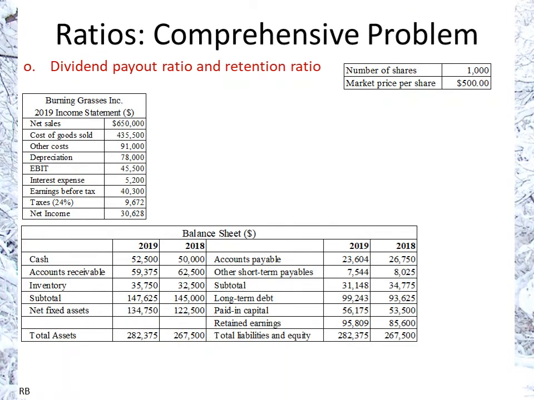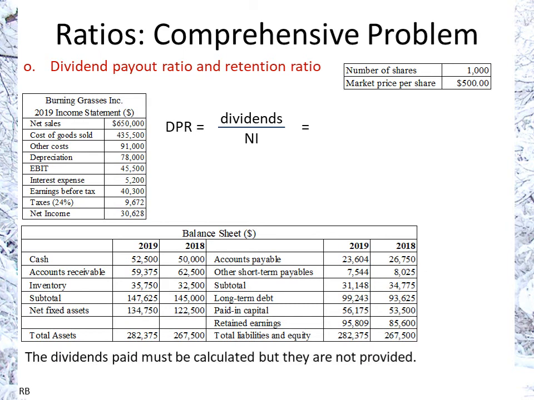The dividend payout ratio and retention ratio, in this case, will require a little bit of calculation. So the dividend payout ratio says what fraction of the net income is paid out as dividends. Now the dividends paid must be calculated because they're not provided. But we can figure that out. Why? Because net income is dividends plus retained earnings.